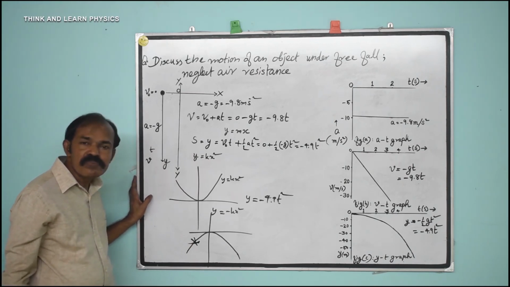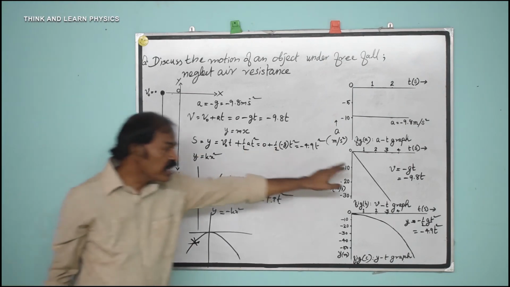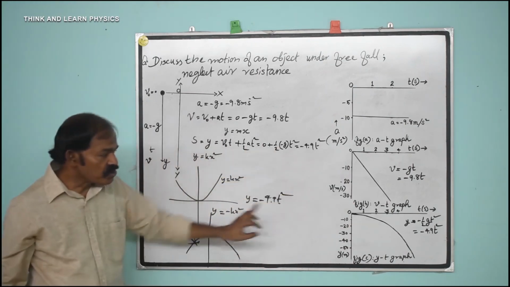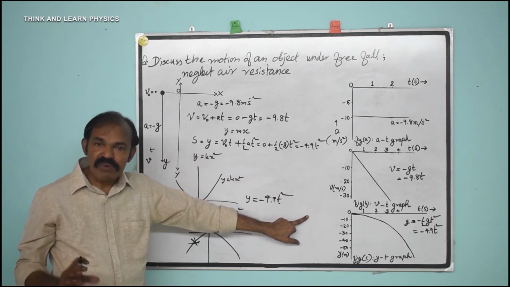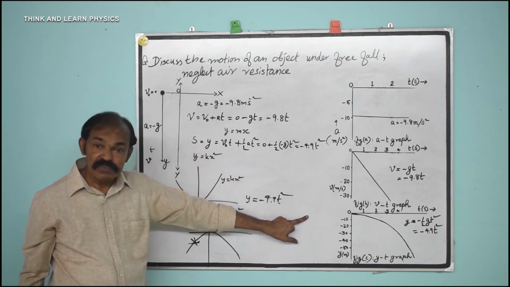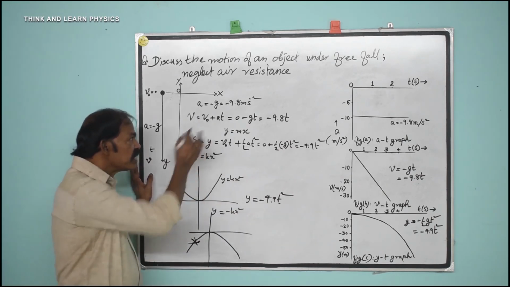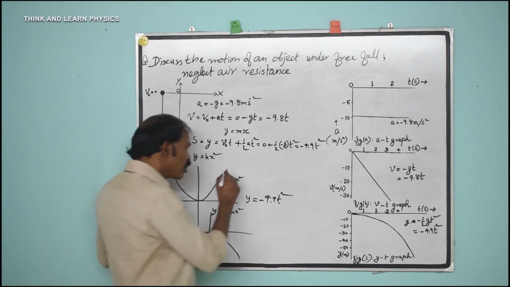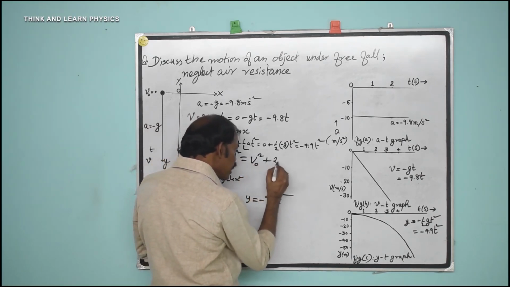Thus we can draw the acceleration time graph, velocity time graph, and the position time graph of the object dropped from a height. The variation of velocity with the distance can also be written as v square equals v0 square plus 2as.